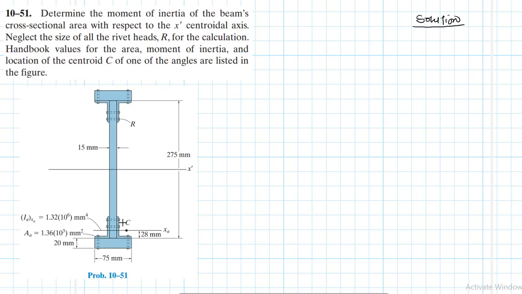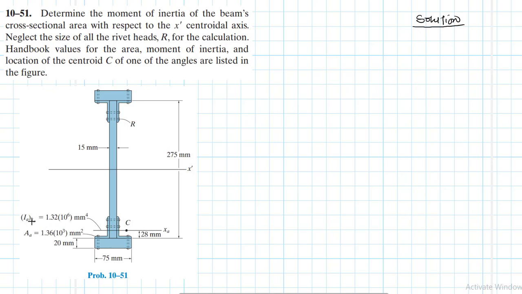For the angle bars, they've already given us the geometric properties, which are the area and the moment of inertia about its centroidal x-axis. And there are 4 angle bars.